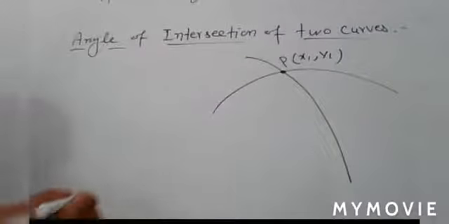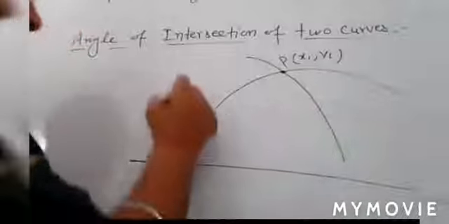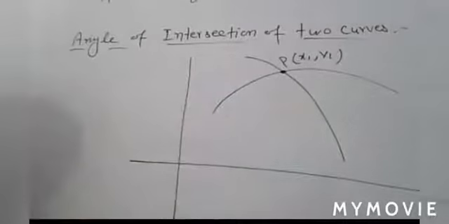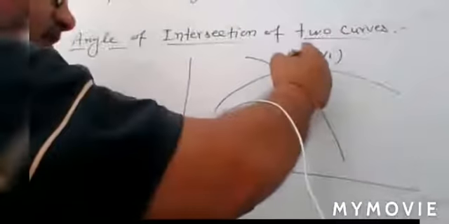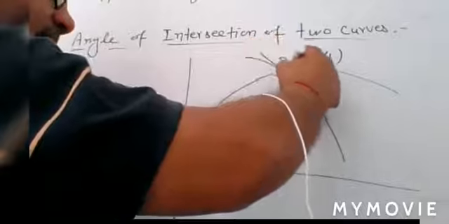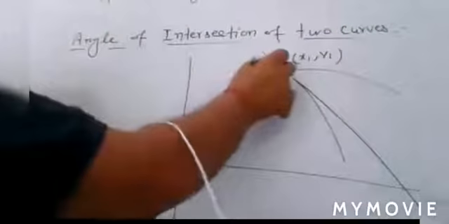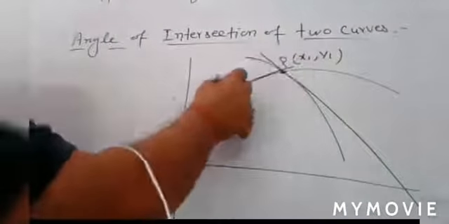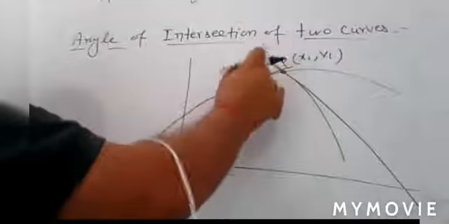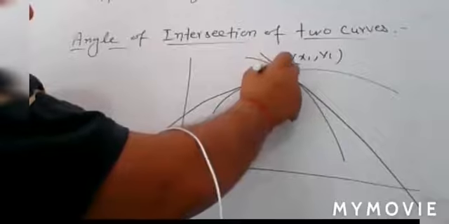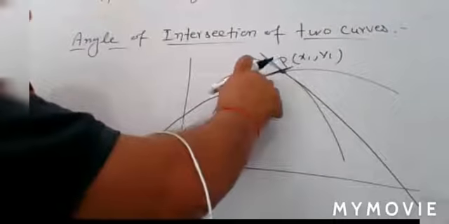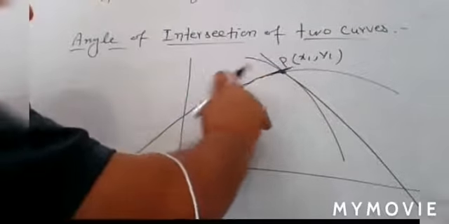You have to find the angle of intersection between the two curves. First of all, draw a tangent at this point of contact. So at this point, suppose you draw a tangent.